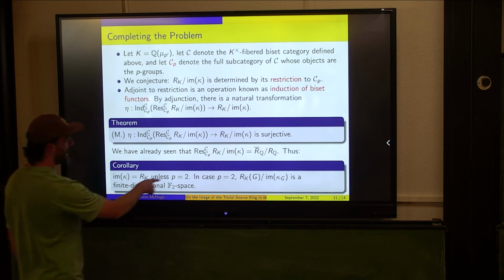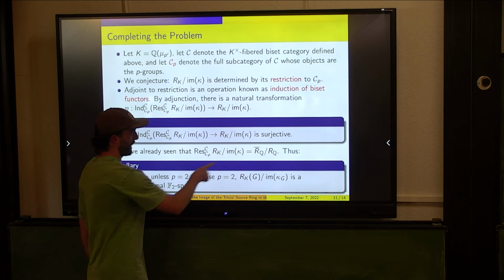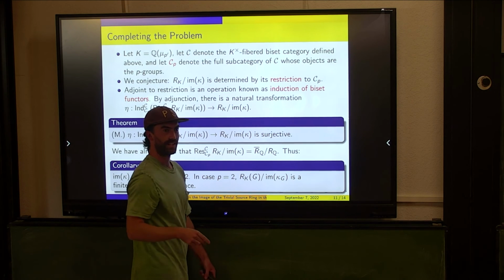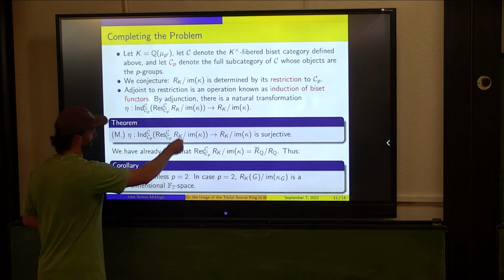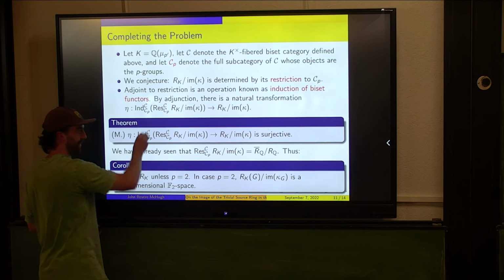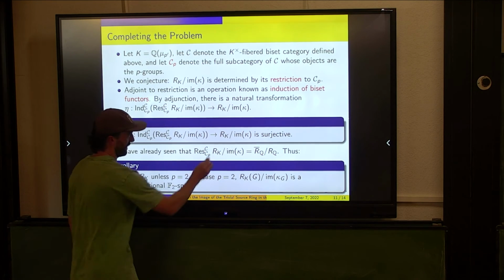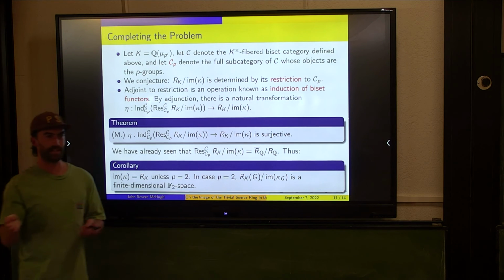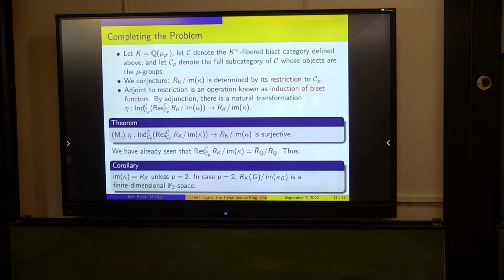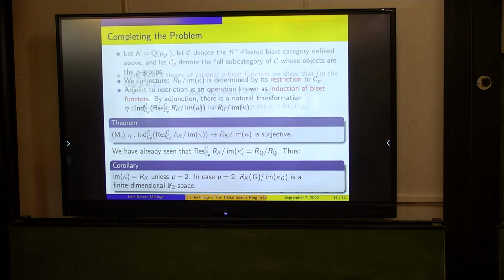Also, Roquette said if P is 2 and you compute this thing at a 2 group, it's always a finite dimensional vector space over Z mod 2Z. So same type of argument. If you induce and then map surjectively, whenever you plug in any group now, you'll get a finite dimensional vector space over Z mod 2Z. That's the basic idea.